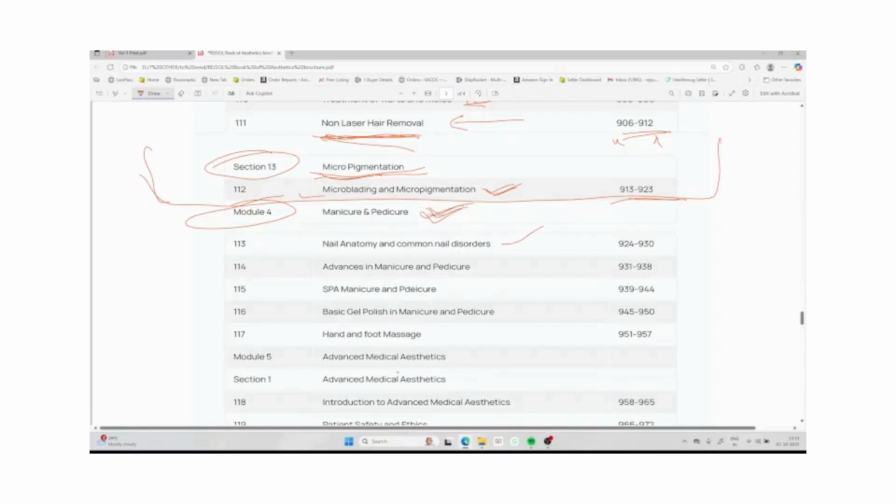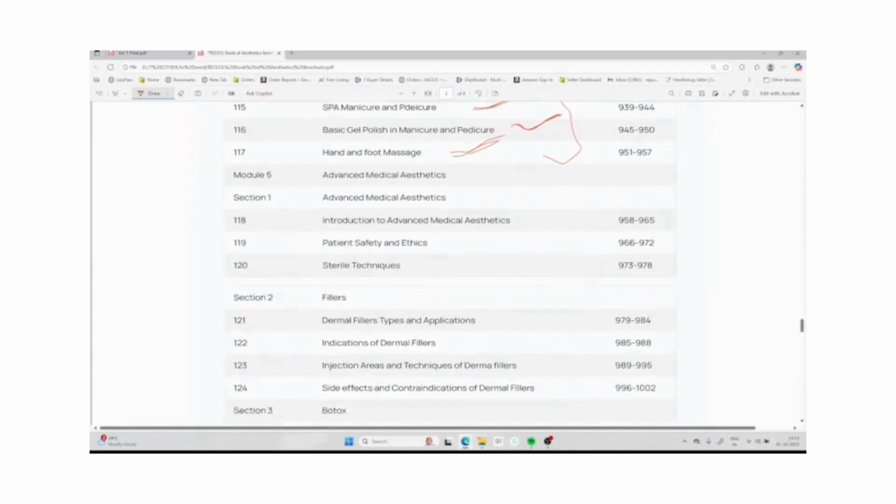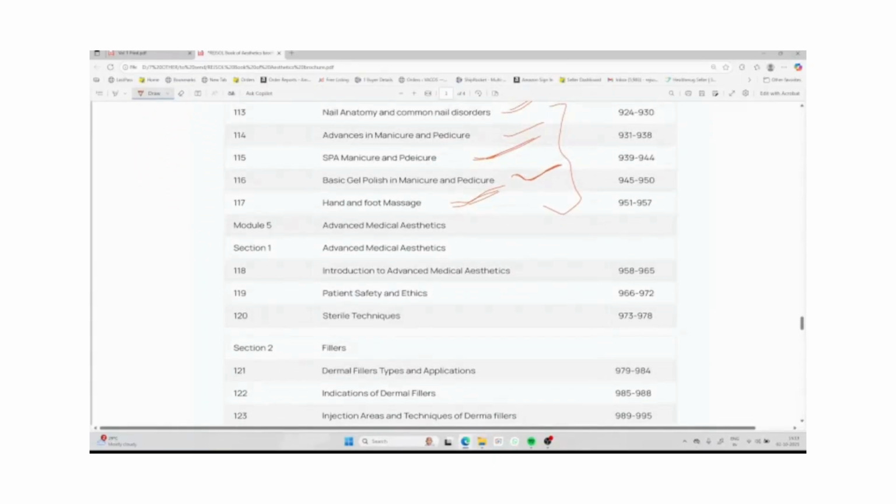So nail anatomy, physiology, names, common nail issues, how do you diagnose them. Then the spa manicure and pedicure, what are they. Then basic gel polish in manicure and pedicure, hand and foot massage. So these 5 chapters are all about manicure and pedicure, basically the nails of hands and feet.